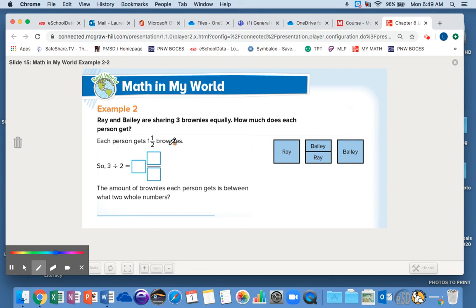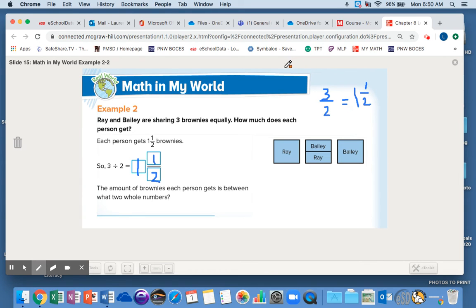So it says each person gets 1 and a half brownies. If that makes sense, Ray and Bailey are sharing the 3 brownies equally. How much does each person get? So instead of saying 3/2, we're going to say each person gets 1 and 1/2 a brownie. And I'm going to show you how to change this improper fraction into this mixed number. A mixed number is when you have a whole number and then a fraction. Okay?